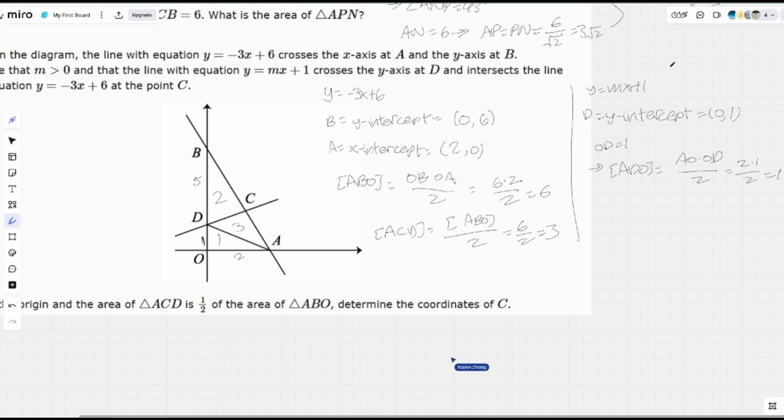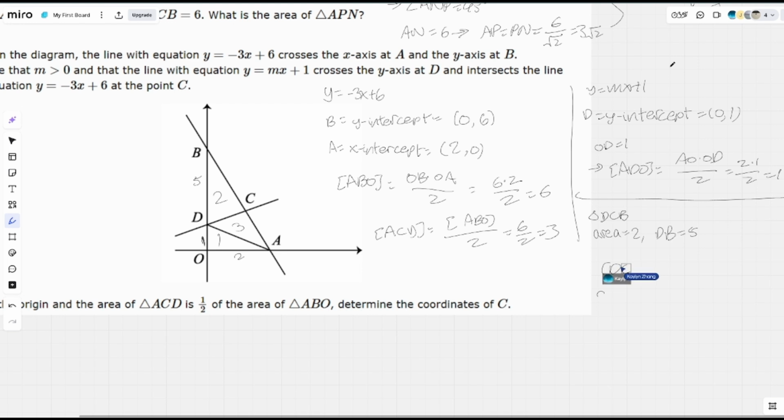So now we just look at triangle DCB. So the area is equal to 2, and DB is equal to 5.